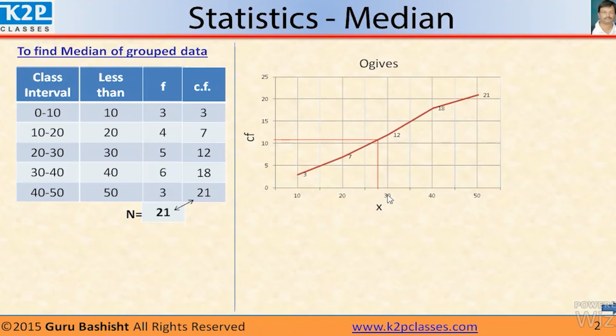Somewhere here. If we measure, this is something more than 25 and less than 30. If you calculate it, it will come somewhere 27. 27 is the median value of x, where cumulative frequency is 10.5.